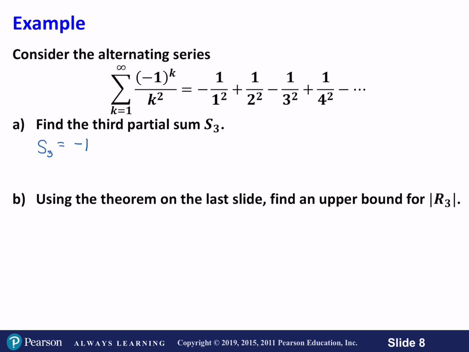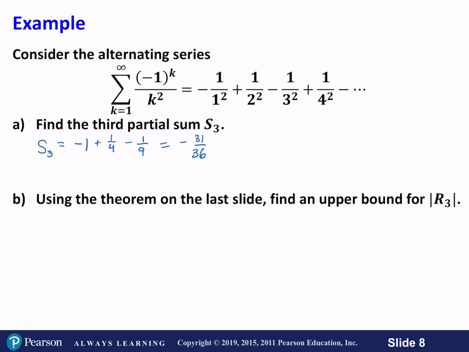So negative 1 plus 1/4 minus 1/9. All right, if we throw that into a calculator, we are going to get that this is negative 31 over 36. All right, so here's our question. How close is this to the true answer of the sum?